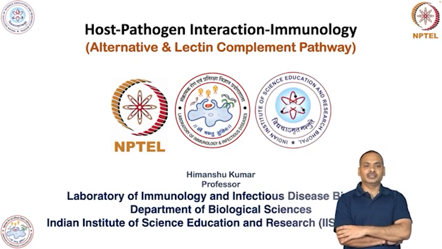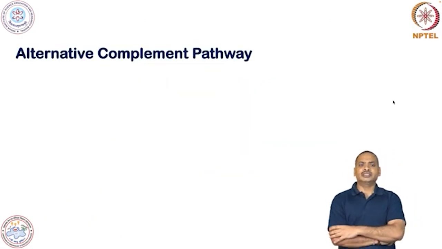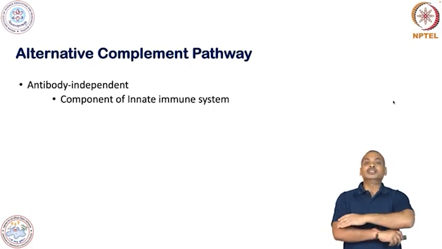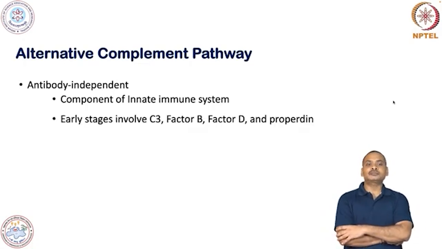So let's begin with the alternative complement pathway. Here you can see that this alternative complement pathway is antibody independent, and it is one of the key components of the innate immune system. You can consider it as a humoral component of the innate immune system.